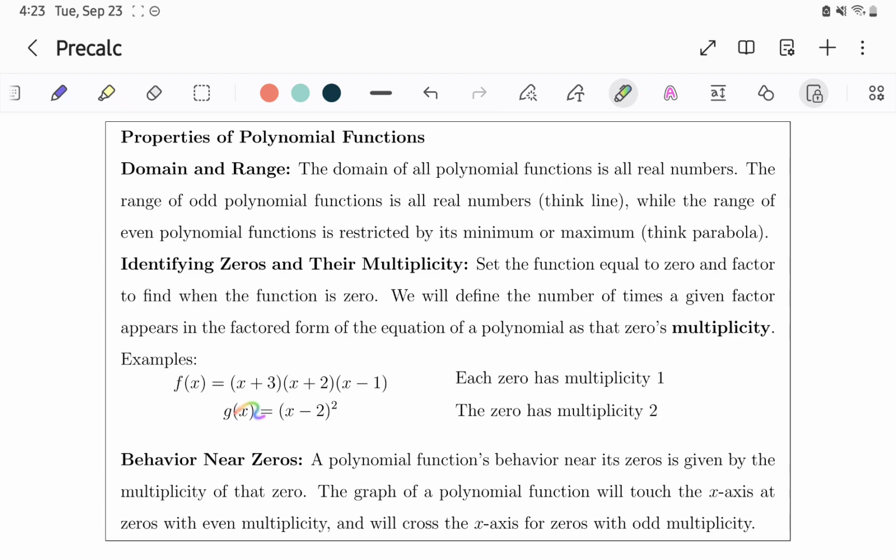Another example would be g of x equals x minus 2 squared, or in other words, g of x equals x minus 2 times x minus 2. This polynomial function is a degree 2 polynomial function, of course, and it has one zero at x equals +2, and the multiplicity there is going to be 2.